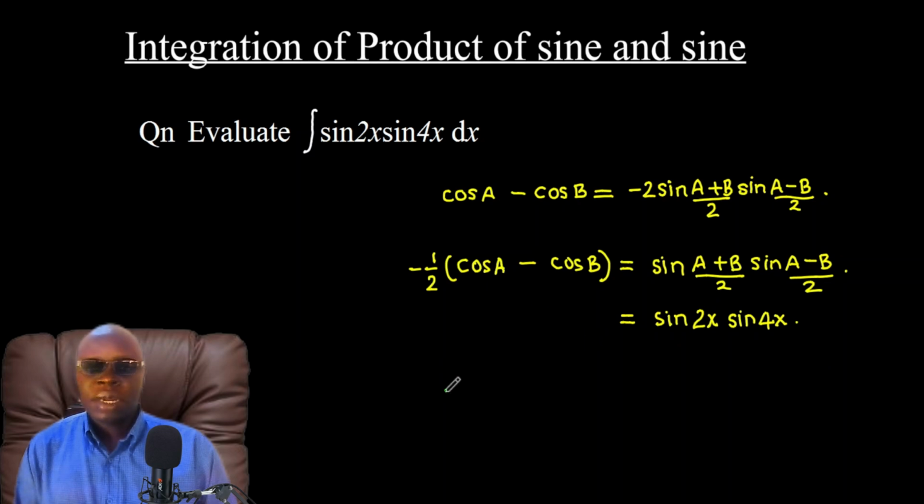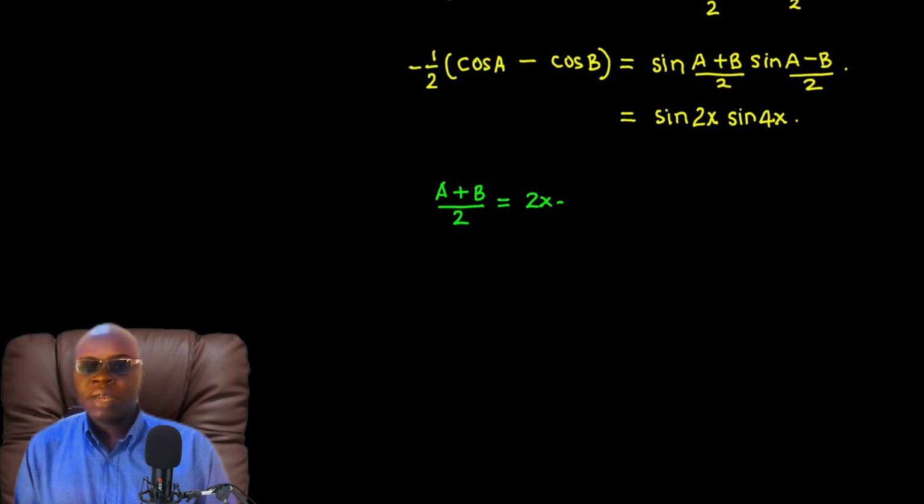So we take the first one: A plus B over 2 equals 2x. Let's get rid of the denominator by multiplying both sides of this simple equation by 2. We are left with A plus B equals 4x. Let's call this equation number 1.